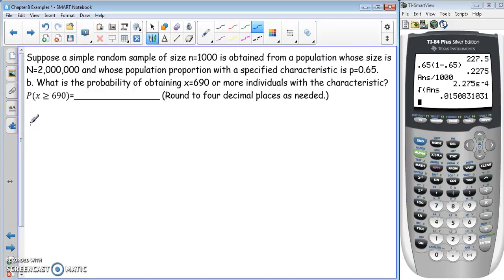So the probability that p hat is greater than or equal to 690 over our sample size, 690 over 1,000. Everything's going to be done the exact same way, so we're going to do normal CDF.